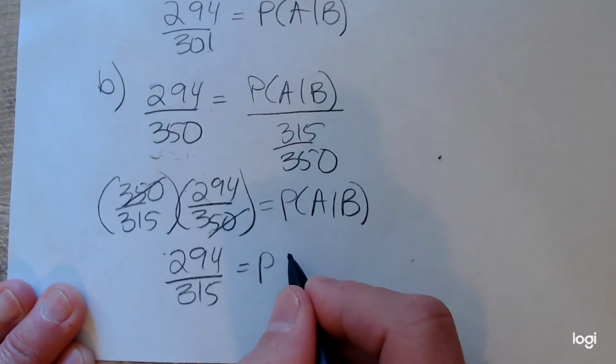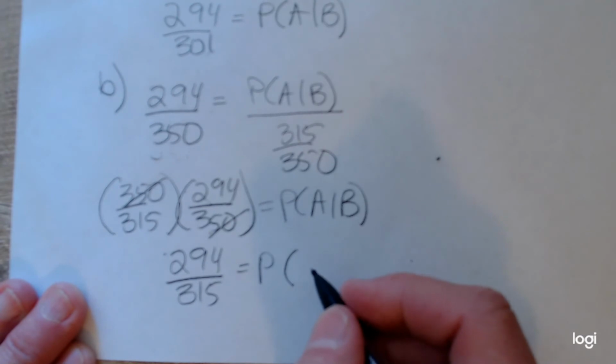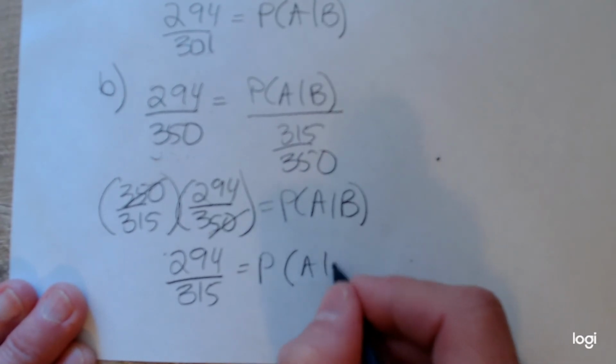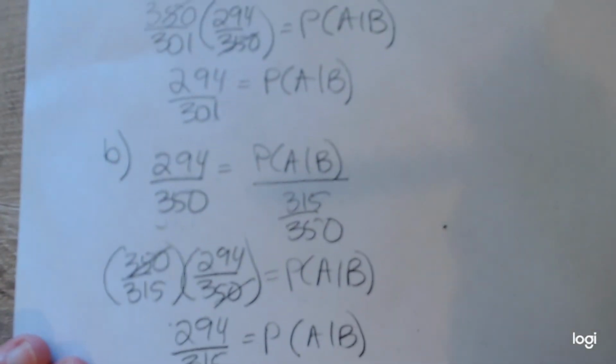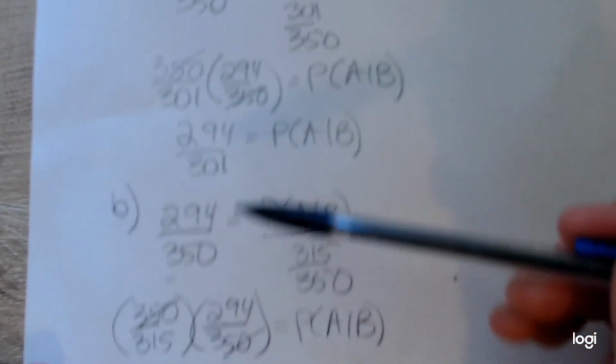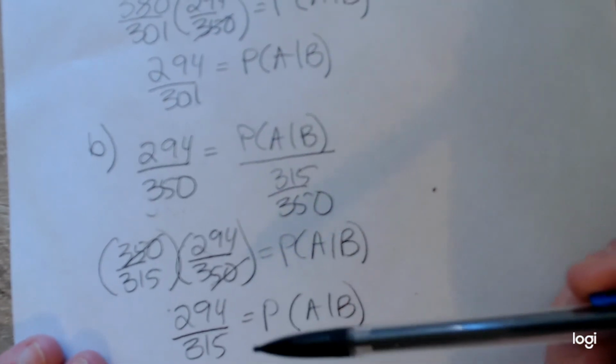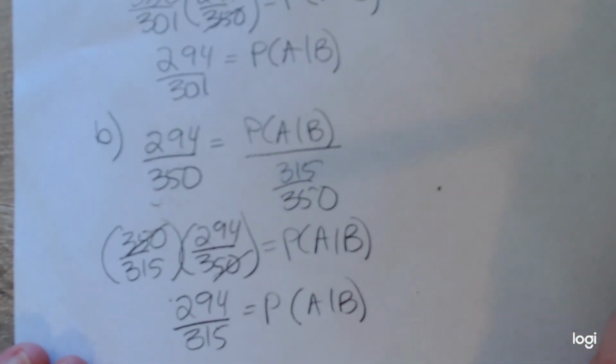So that will be the probability that a flight arrives on time, given that it departed on time. You can see parts A and B, the answers are not the same. So this means that we've got dependent probabilities.